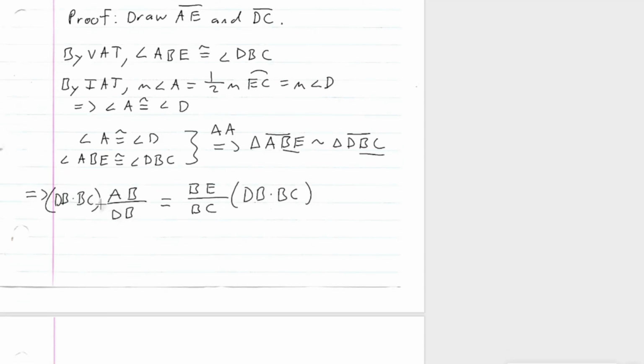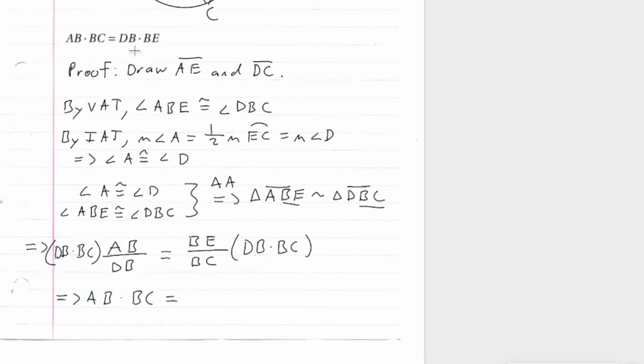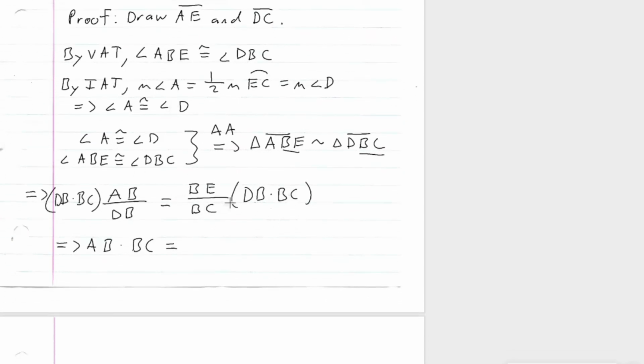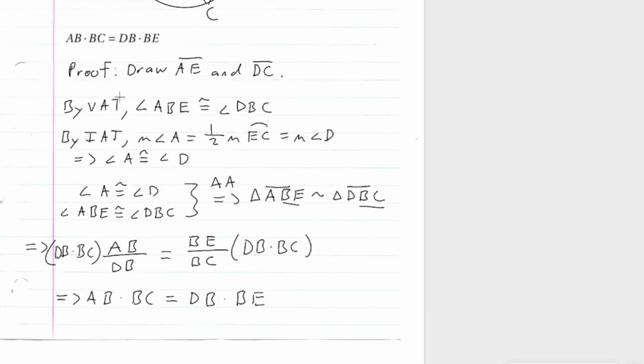So DB over DB becomes 1, and we're left with AB times BC is equal to, and then we know the BC's over here turned to 1. We'll have DB times BE. And as you can see, that's exactly what we wanted, right? AB times BC is equal to DB times BE. So that is the proof.